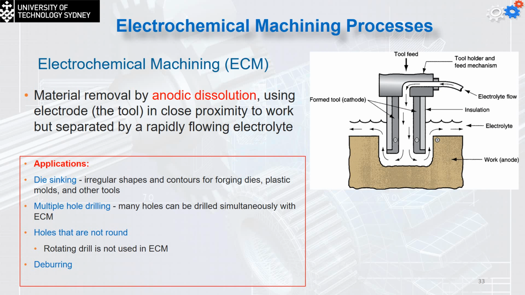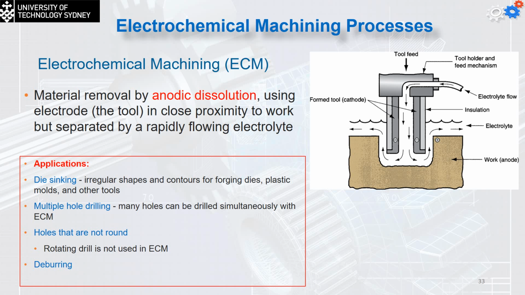The other type is the electrochemical machining. Now it's a mix between electricity and chemical machining processes. So the first type is the electrochemical machining process, the ECM, where the material is going to be removed by anodic dissolution, using the electrode as the tool in close proximity to the work, but separated by rapidly flowing electrolyte.